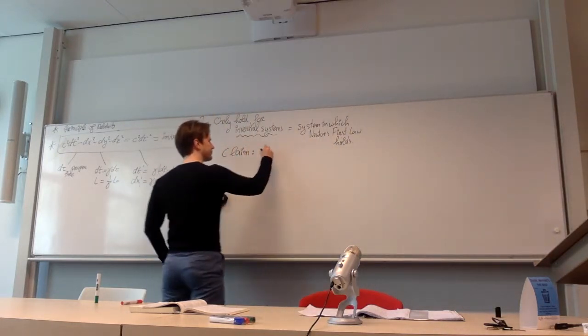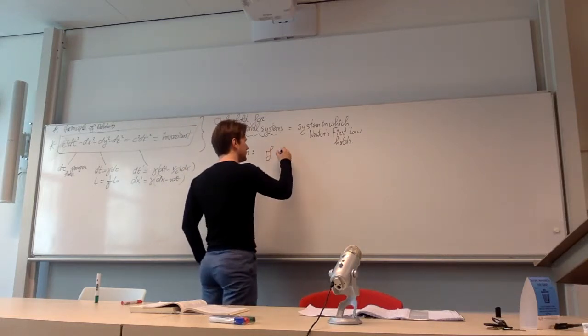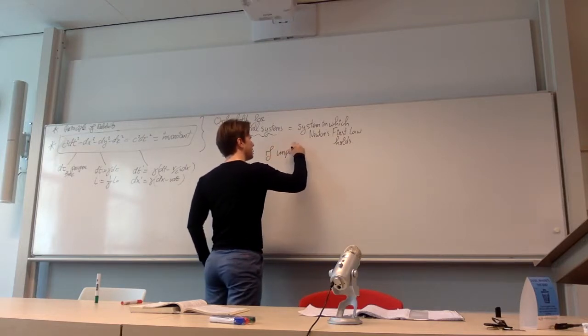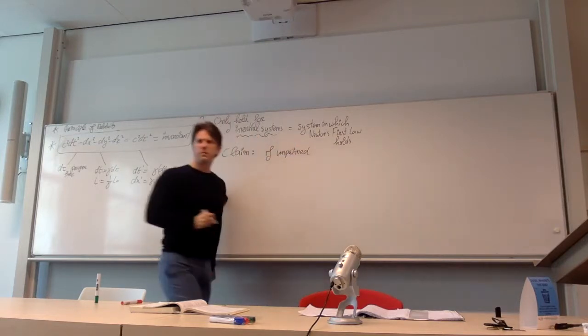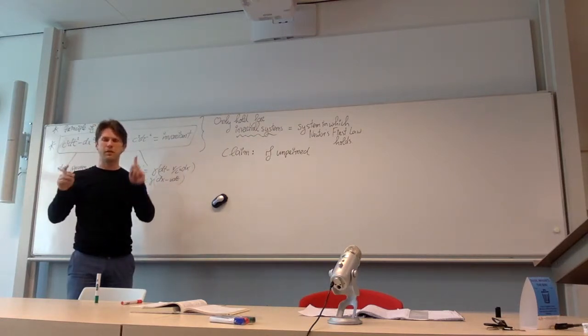Claim. We did it with primed and unprimed. When I say unprimed observer, do you know what I mean by this? It just means one person whose coordinates we write without primes.